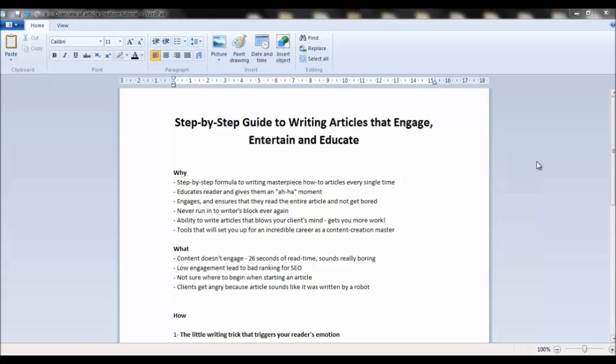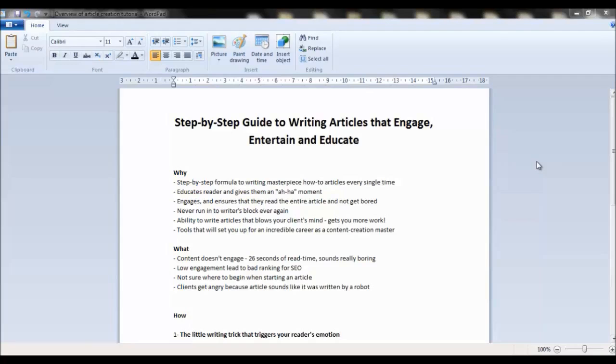Alright, so what's the problem here? Well, as you probably know, Google is looking for content that engages readers. So if you write an article that's 1,000 words, let's say, but people get onto the website and read that article and get bored within 20 seconds, 26 seconds, then that article is not going to be very much used, because Google will deem that article to be irrelevant or low quality.